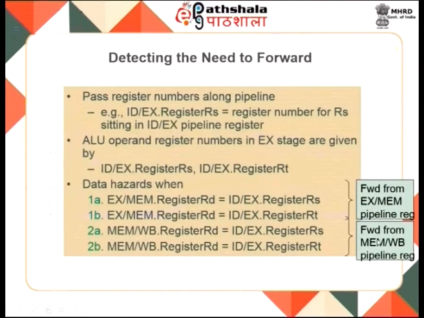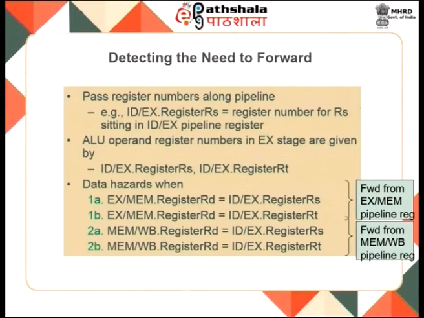Now how do you detect when to forward? If you look at the conditions that need to be detected for forwarding, we will just use a convention here. Say for example, IDEX.RegisterRS indicates the register number for RS, which is sitting in the IDEX pipeline register. For forwarding, you have to check whether the destination register of the first instruction matches any of the source registers of the subsequent instructions.